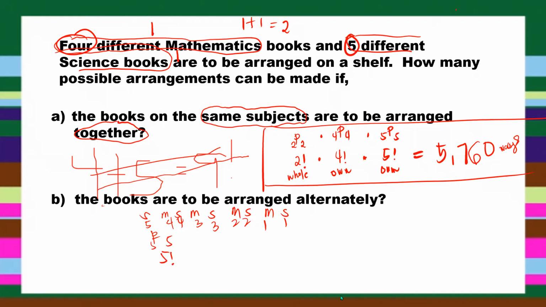Wait lang, tanggalin natin itong floating. Ito natin. That's permutation of 5 taken 5 at a time, which is equal to 5 factorial.